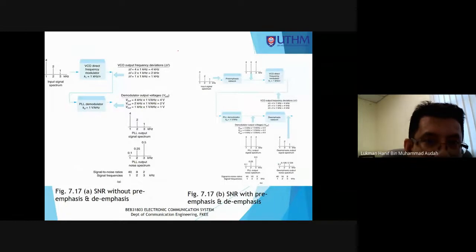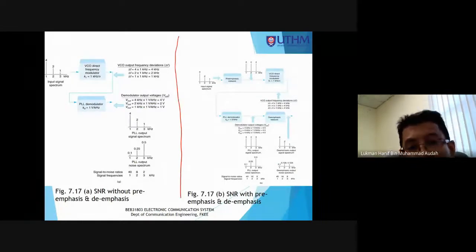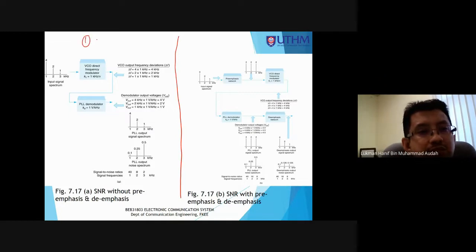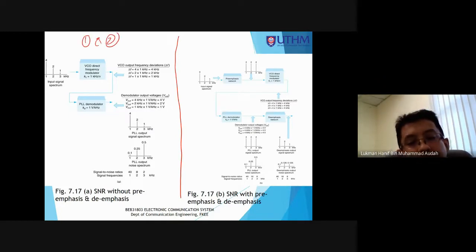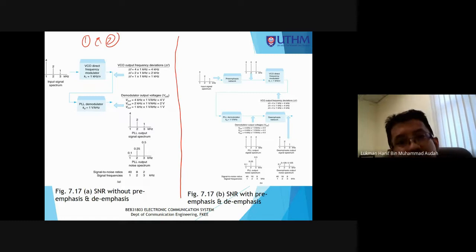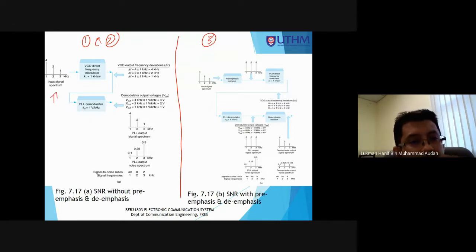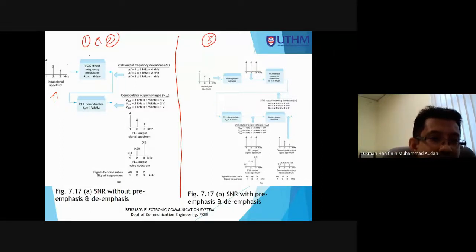So gambarnya seperti ini. Kita perlu lihat contoh di sebelah kiri untuk soalan 1 dan 2. Question number 1 and 2 is on the left. Question number 3 is on the right. Okay. So you are given 3 input signal, 1, 2, 3 kHz. Okay, ini masuk ke dalam VCO. So ini dalam transmitter masuk ke dalam modulator.